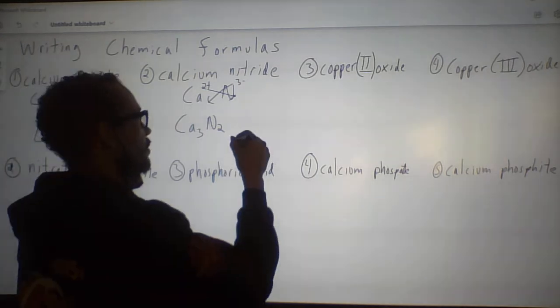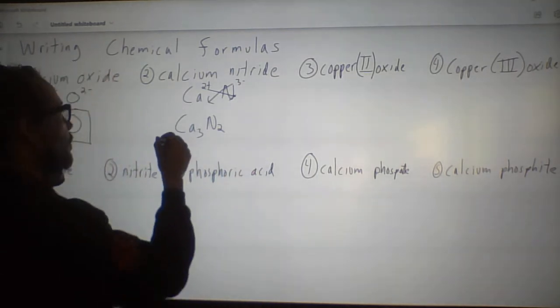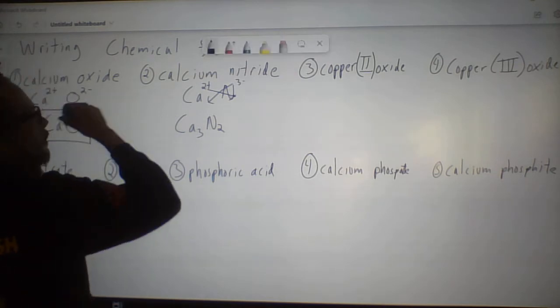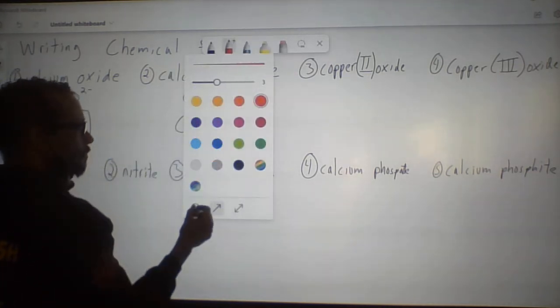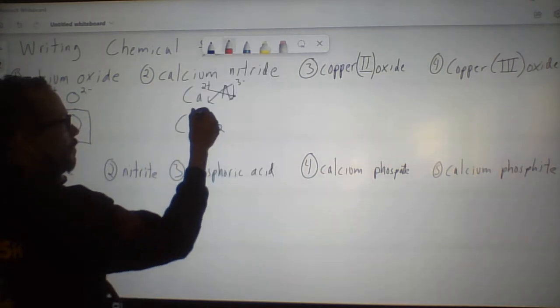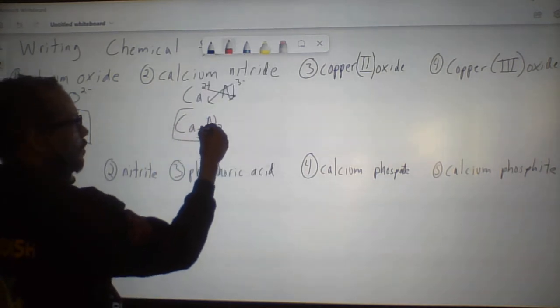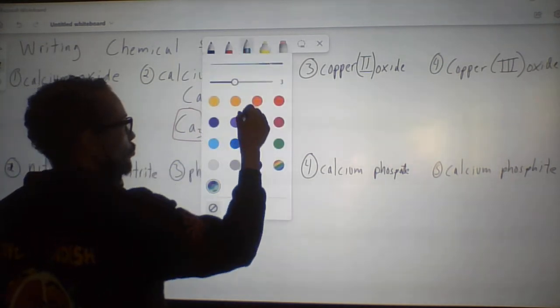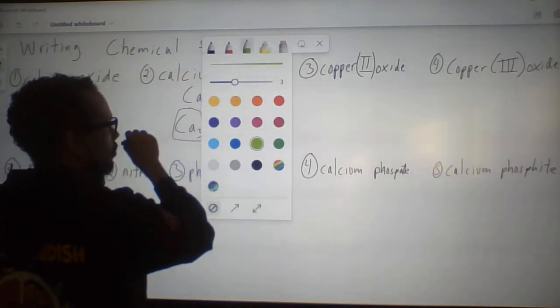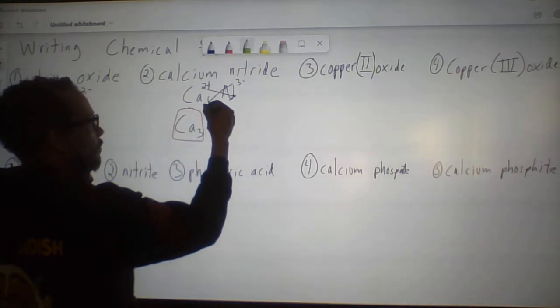So let's take a look at it. So this tells me, if I'm looking at just this part right here, and then this would be a different part here.